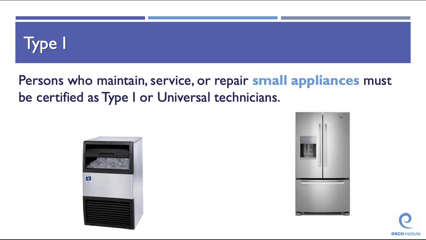Examples include equipment such as water coolers, window units, refrigerators, freezers, dehumidifiers, ice machines, and packaged terminal air conditioning. The key to Type 1 is that the equipment must be factory sealed and have 5 pounds or less of refrigerant. That is on the test. You do need to know that.